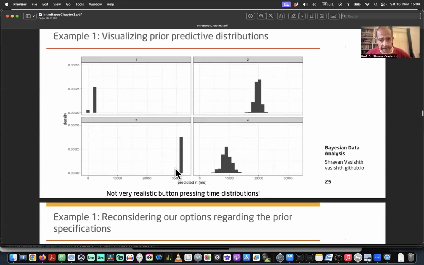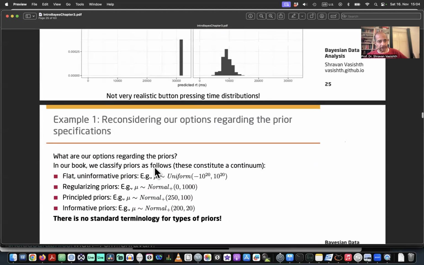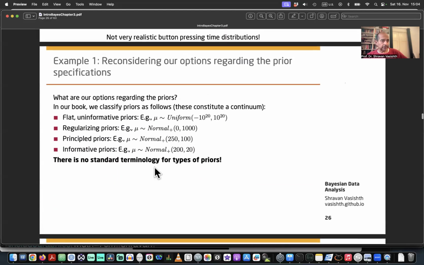I generated 4 data sets based on the prior specification, and you can see that they're completely nuts, right? This data distribution of button pressing times is in the very short range here. These are too long, right? These are all too long. So obviously the priors are not really good for the model that we're trying to fit.